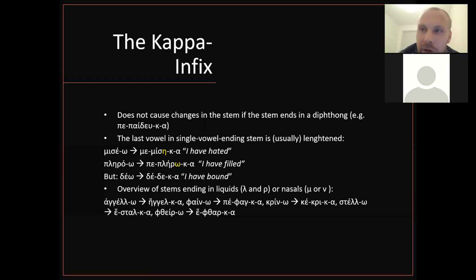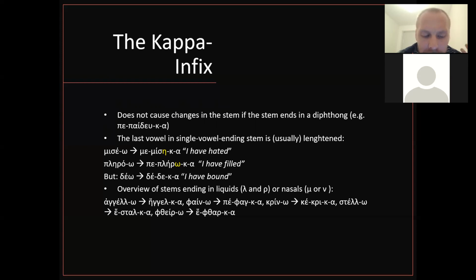So much for the perfect reduplication. If we turn to the kappa infix, which, as I said, is a specific characteristic of active perfects of the perfect one type, we may note too that its insertion may cause some changes in the verb stem.